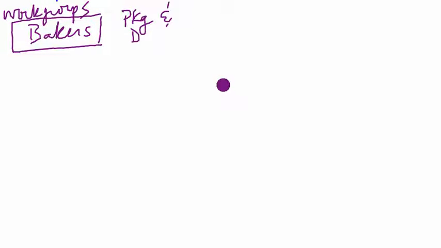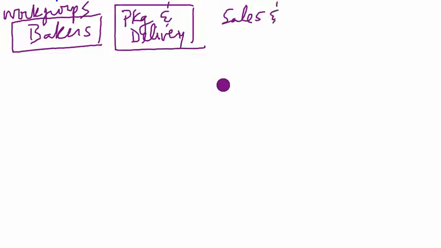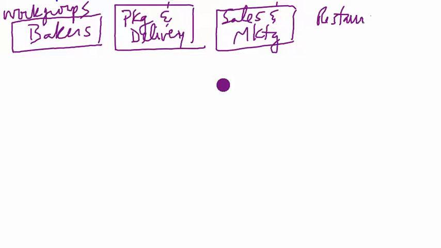We've got the bakers. We've got the packaging and delivery group. Going to move our product around. We've got sales and marketing. And we've got the restaurant itself. They have some steps in this process.